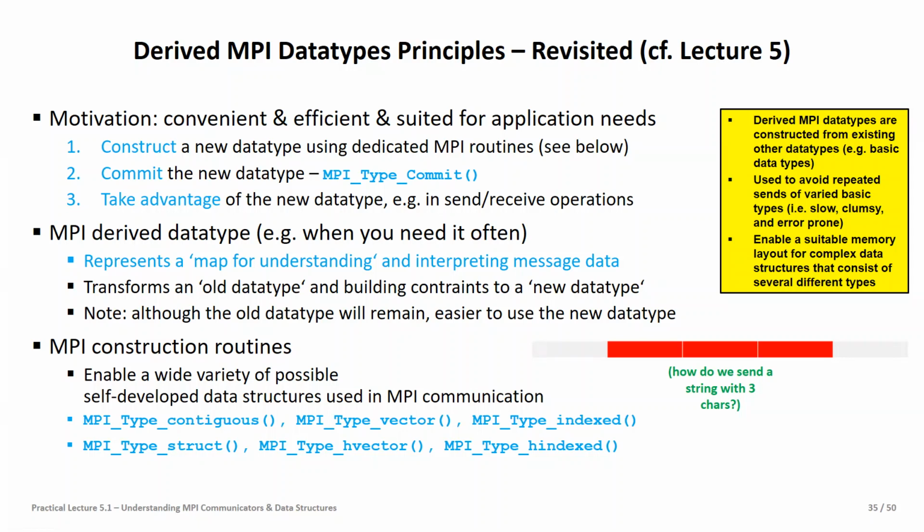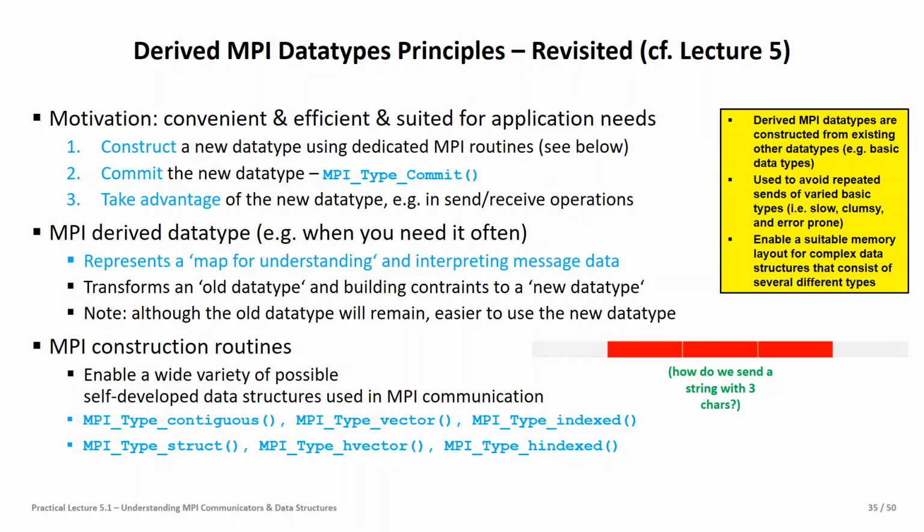The important thing is you have to commit this data type to the MPI environment. This MPI type commit operation you see here is a key ingredient, because otherwise MPI doesn't know about this data type. You can imagine that when a send operation and a receive operation are done by different processors, we have to have this type commit so that all of the processors know this data type.